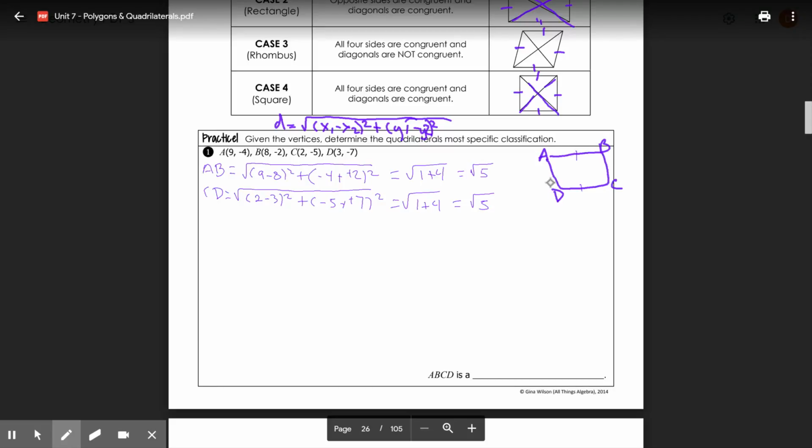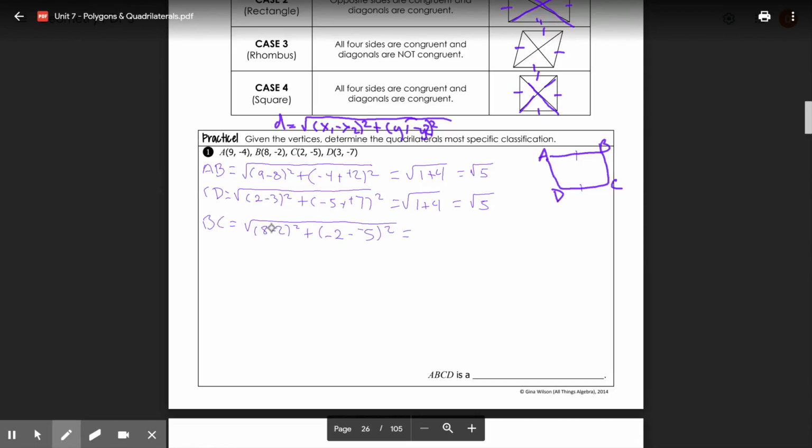How about we need to do these two, BC and AD. So BC is equal to the square root of 8 minus 2 squared plus -2 minus -5 squared.